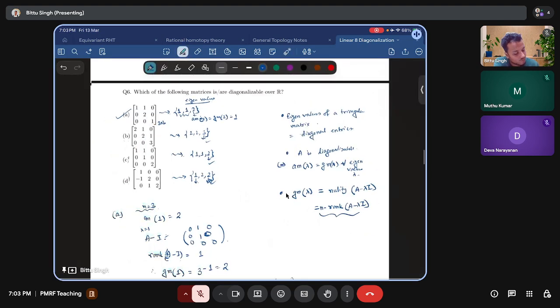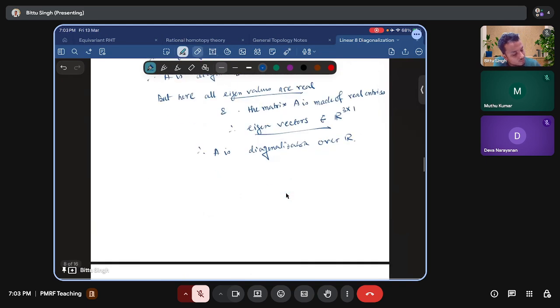For option B, the rank of A minus 2I is 2. Nullity is 3 minus 2, which is 1.